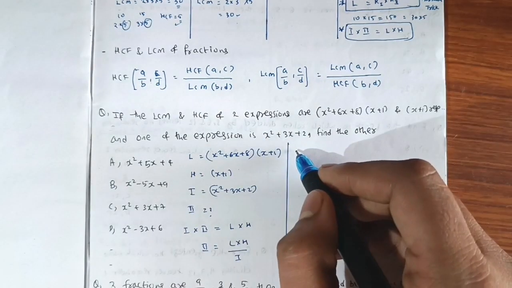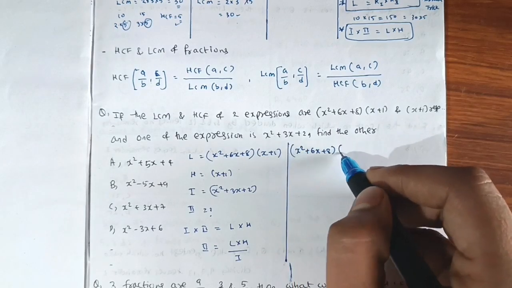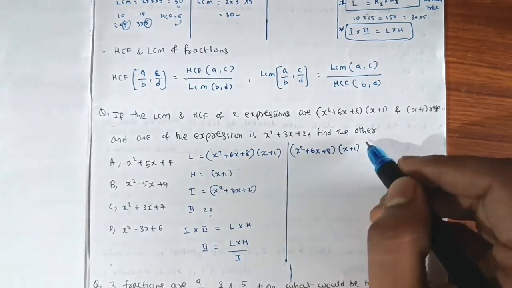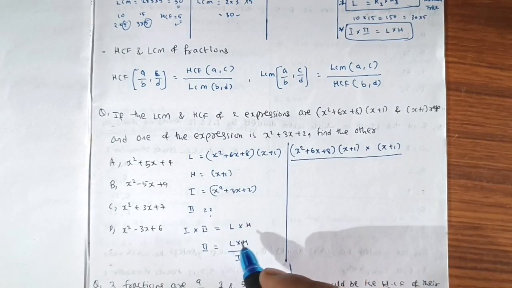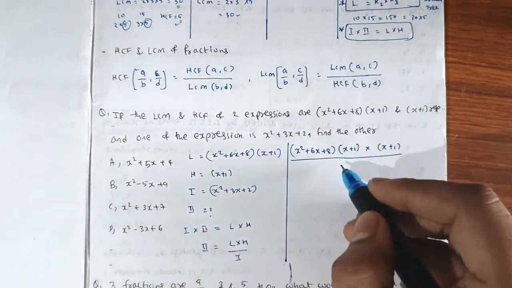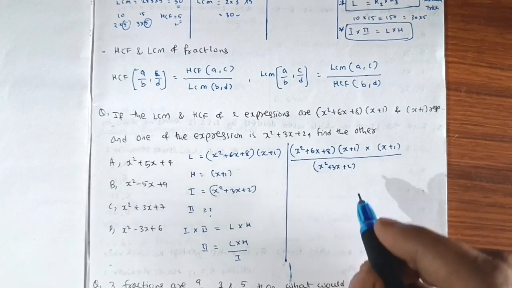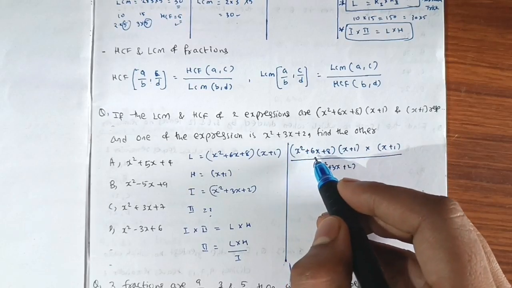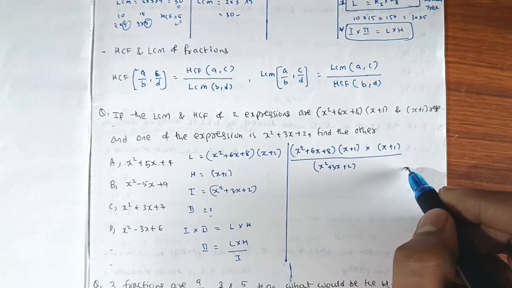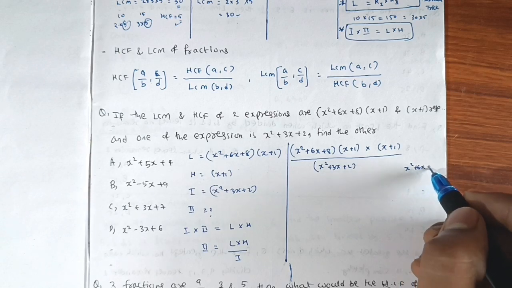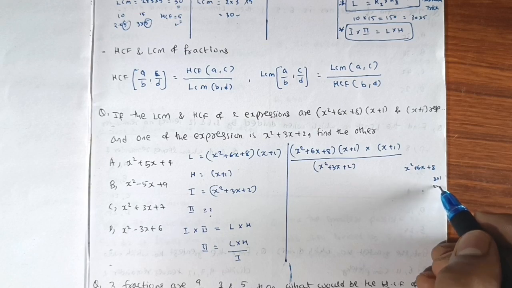So the second will be equal to LCM into HCF divided by the first expression. The LCM given in the question is x square plus 6x plus 8 into x plus 1, into the HCF x plus 1, divided by the first expression x square plus 3x plus 2. Now simplify this. For x square plus 6x plus 8, we get 8 as 1 into 8 or 2 into 4.